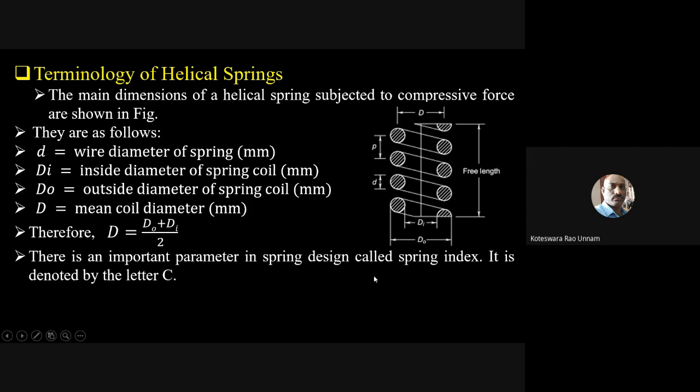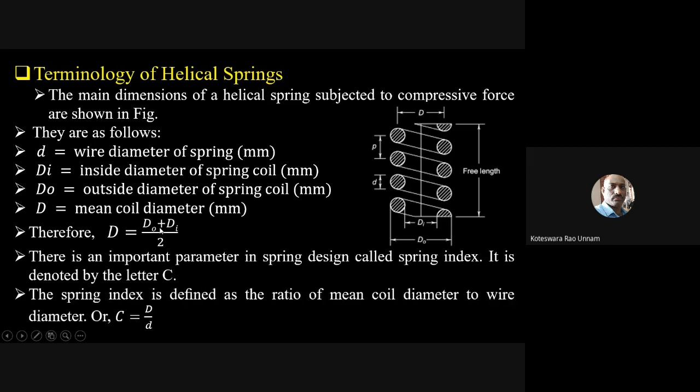Spring index is defined as the ratio of mean coil diameter to wire diameter. It is denoted by capital C and is given by capital D by small d. So this capital D by small d we call the spring index, where D is the mean coil diameter and small d is the wire diameter.